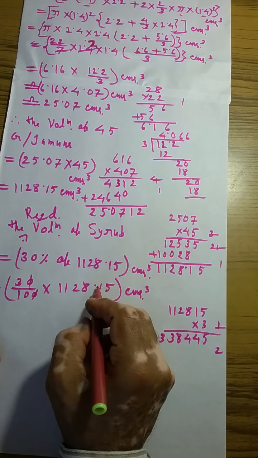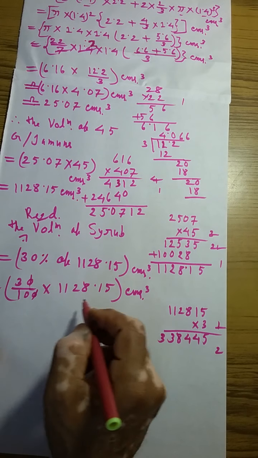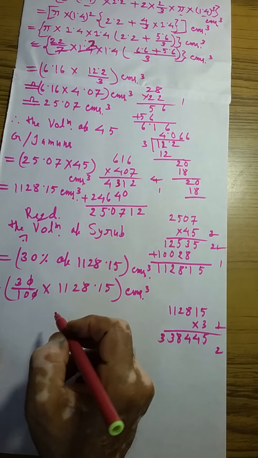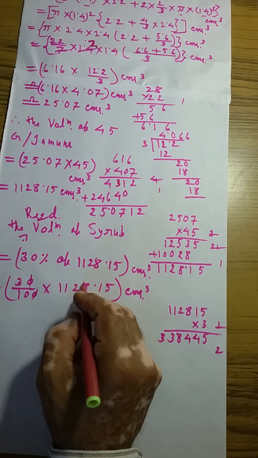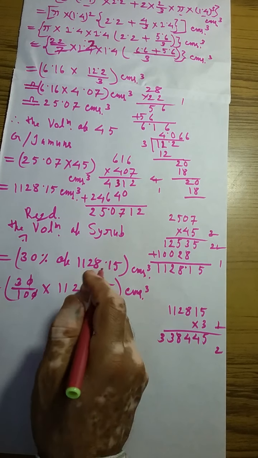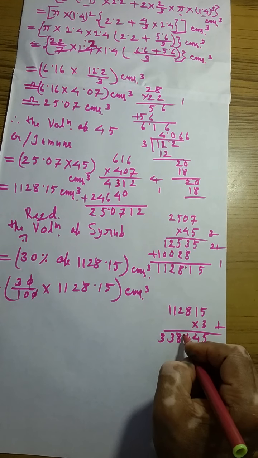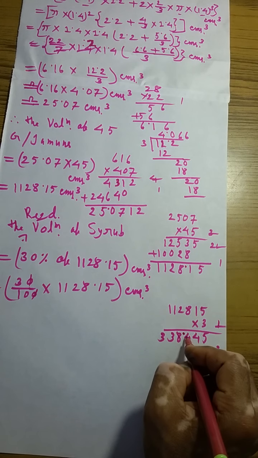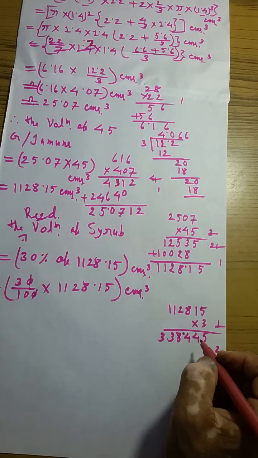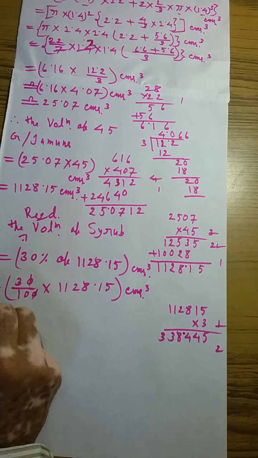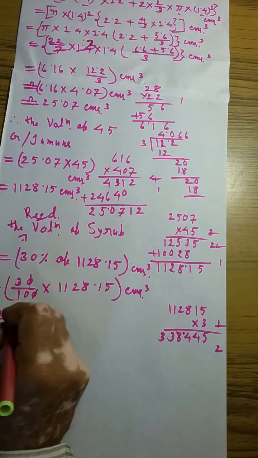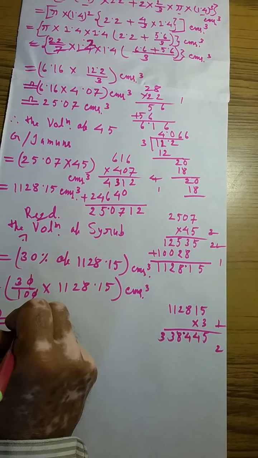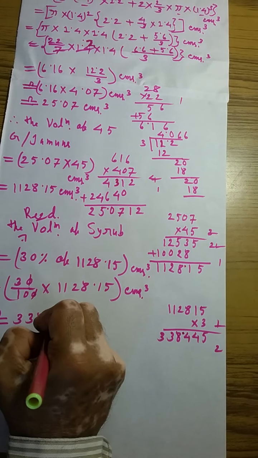We had a decimal point here, and as a denominator we have 10, so this decimal point will be shifted to this place, which will be 338.445. So this is approximately equal to 338 cubic centimeters.